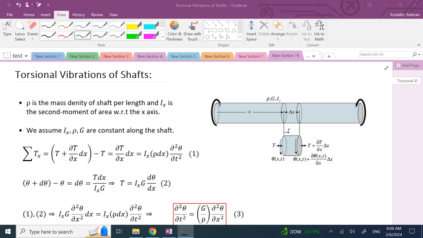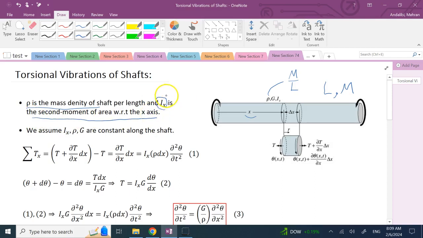In this example, the axis of the shaft is the x-axis. Rho is the mass per unit length. If the whole length is L and the whole mass is M, then rho equals M over L. Ix is the second moment of area with respect to the x-axis.